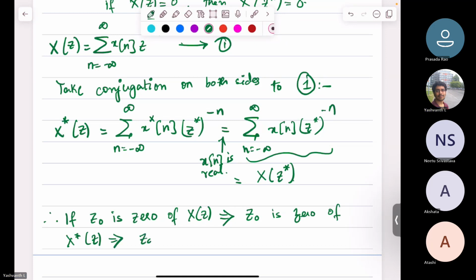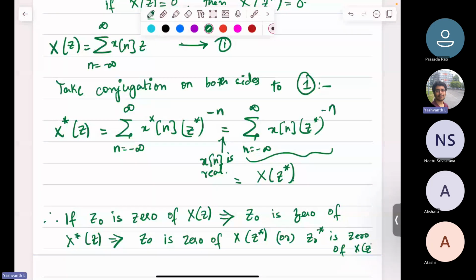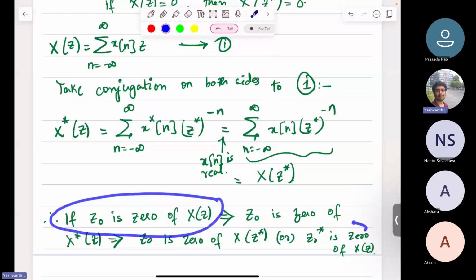This implies z naught is a 0 of x of z star, or z naught star is a 0 of x of z. So we started with saying z naught is a 0 of x of z and proved that z naught conjugate is also a 0 of x of z.